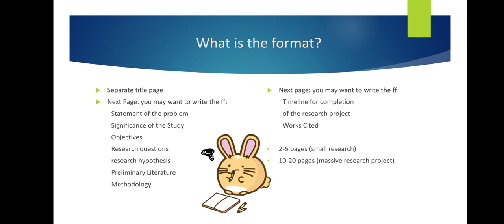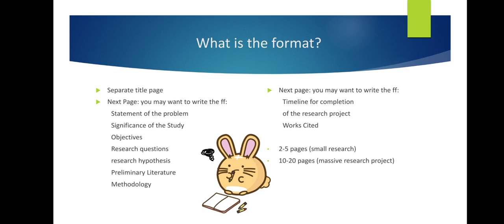However, with the statement of the problem, you need to explain how it would be in your research paper so that you'll be able to establish the situation. Also, you'll need to explain your hypothesis, your objectives in a very brief manner.